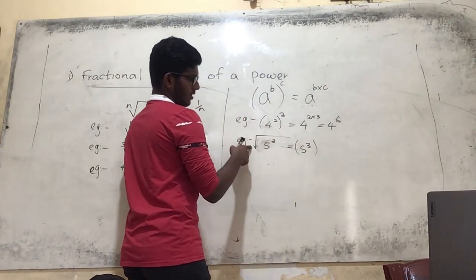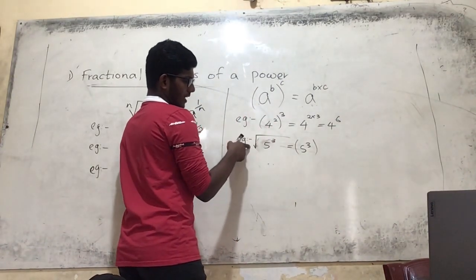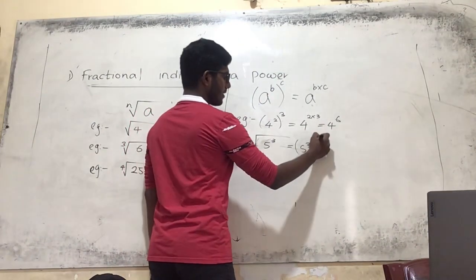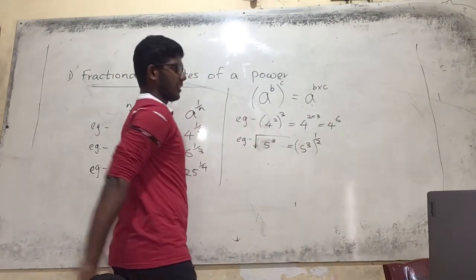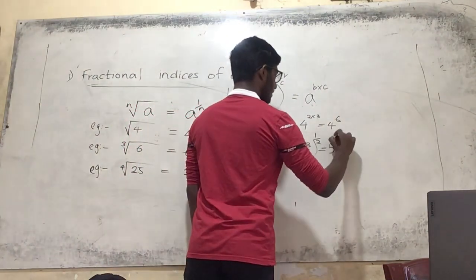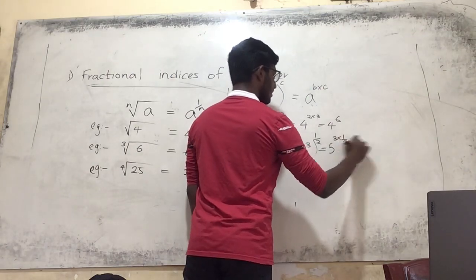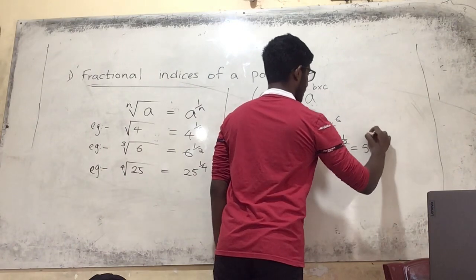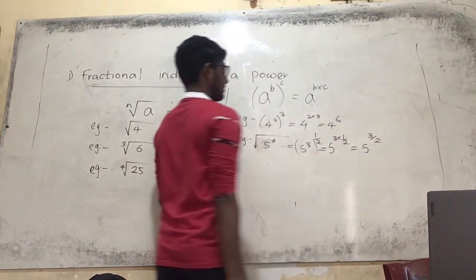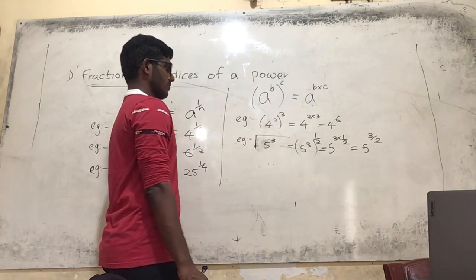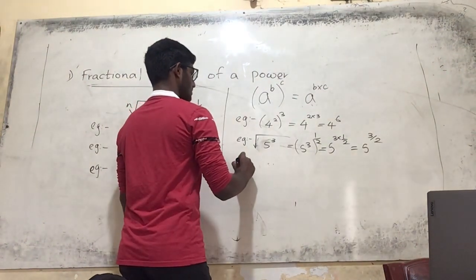Here, since I took the square root, the number here you can think of as 2. So what will happen? 3 into half, and we can write it like this. Another example.